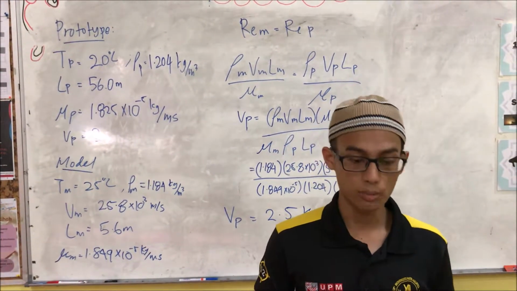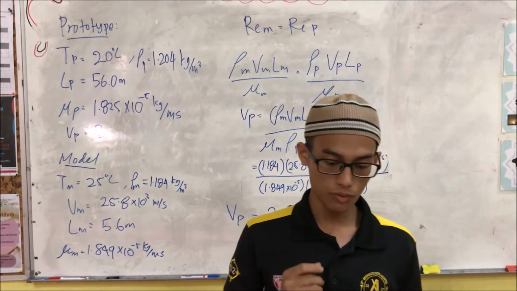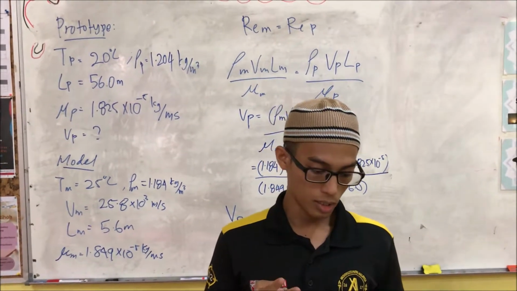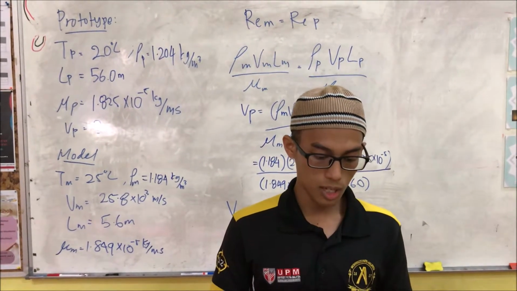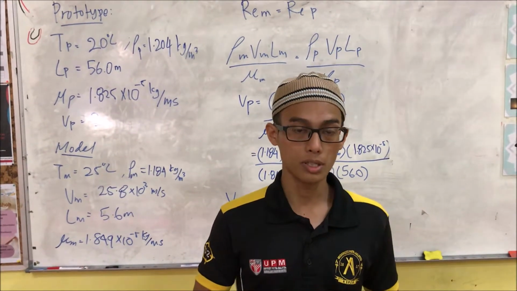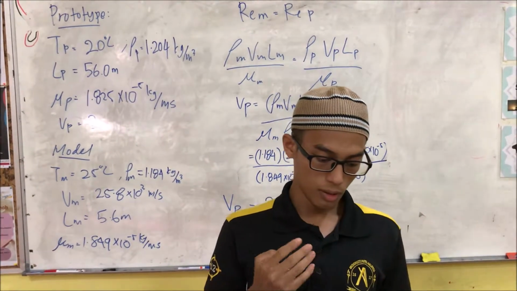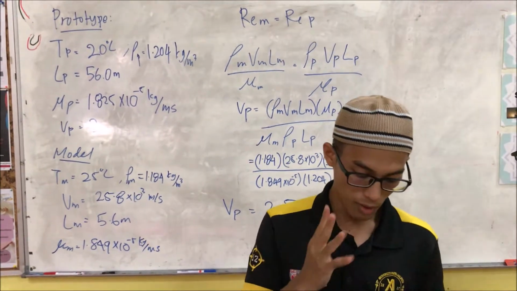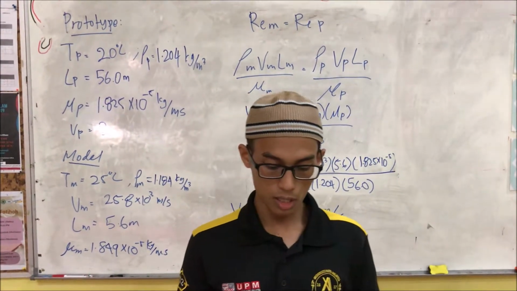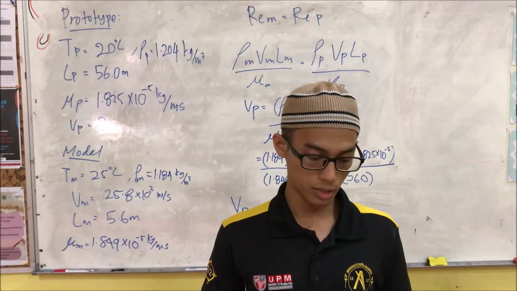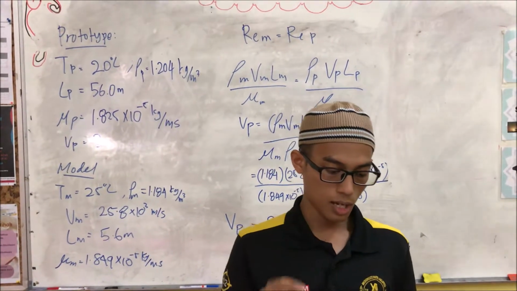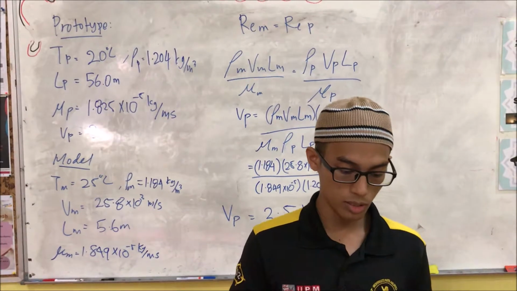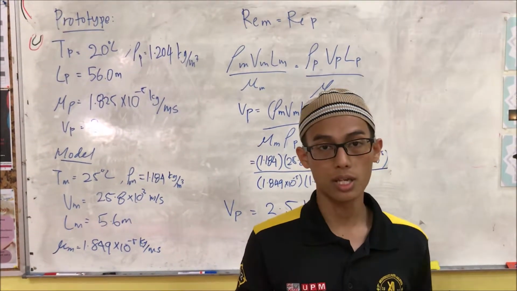Second, list the primary dimensions of each of the parameters. And third, set the reduction as the number of primary dimensions. Fourth, choose repeating parameters. Number 5, construct the Pi's, and manipulate as necessary. And the last is write the final functional relationship and check the algebra.